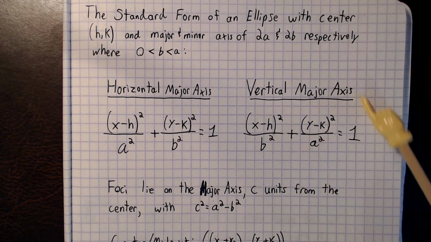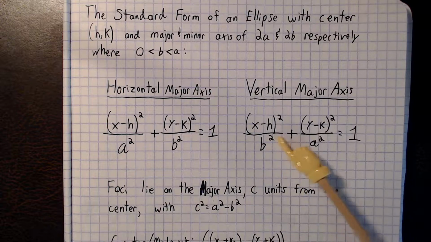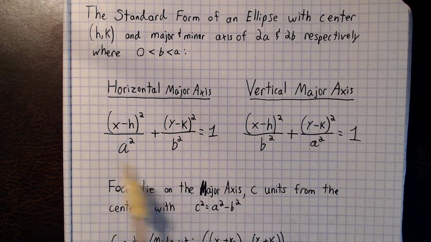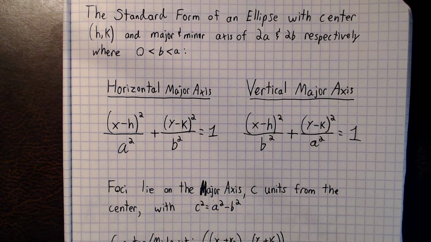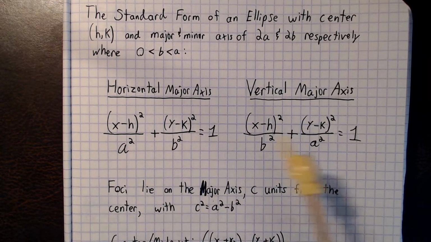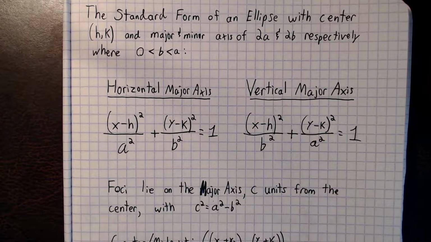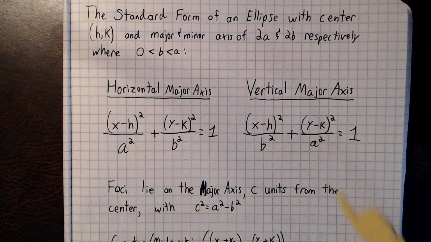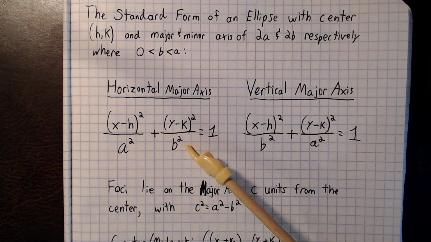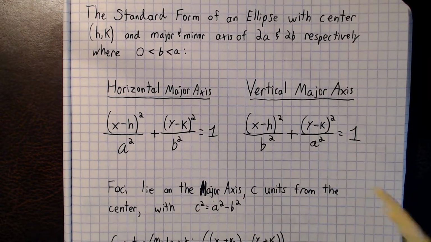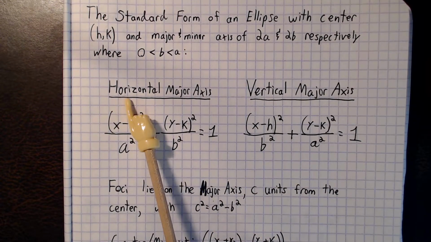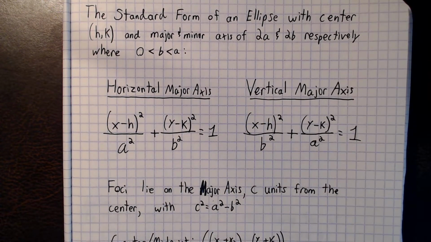So it's going to be a tall oval shape versus this one, which will be a long oval shape ellipse. So keep in mind which one we're working with. A is always larger, so whichever one of these happens to be larger, that's what we assign as a, and then it will tell us if we have a horizontal or vertical major axis.